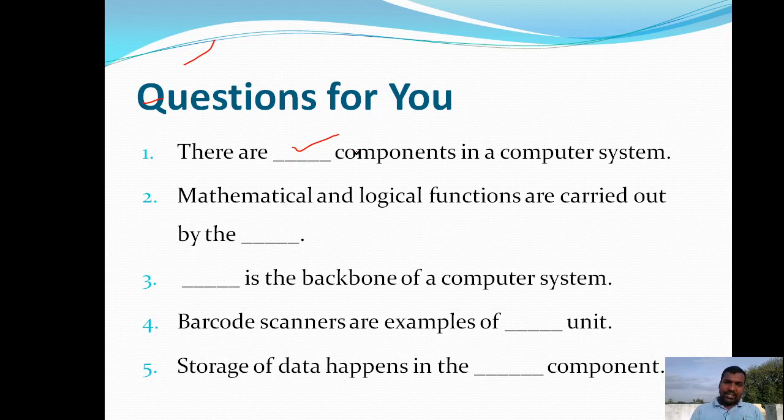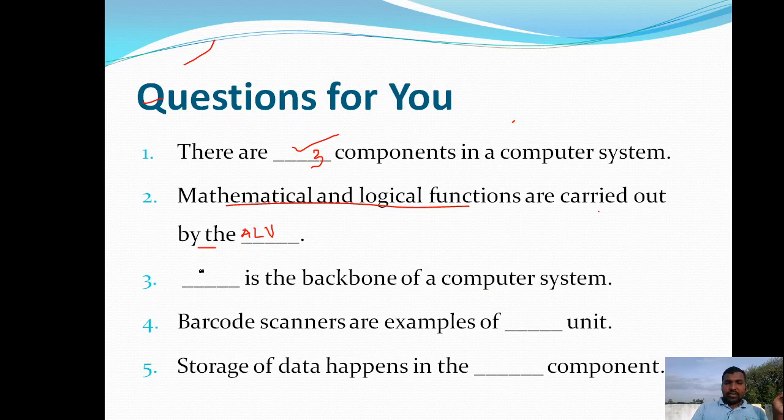The mathematical and logical functions are carried out by the, so where are these mathematical and logical functions performed? In the ALU, the arithmetic and logical unit, which performs all the mathematical and logical operations. Dash is the backbone of a computer.